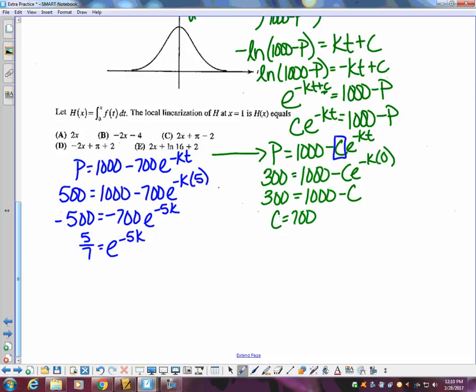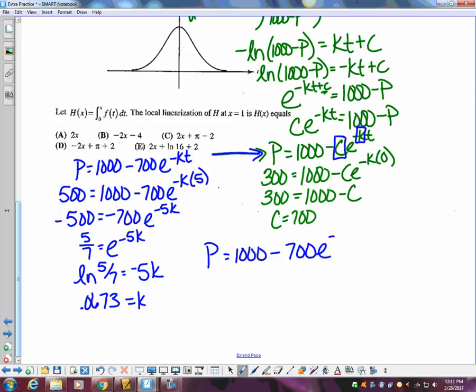And then I snail it with my ln. And then divide by -5 to get my k. Everybody type that in. Okay, so now I know my k. Again, I'm going back here. I knew my c was 700. My k is negative because the deer population is increasing toward the limit.